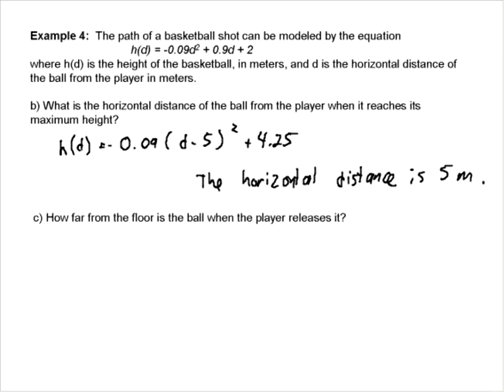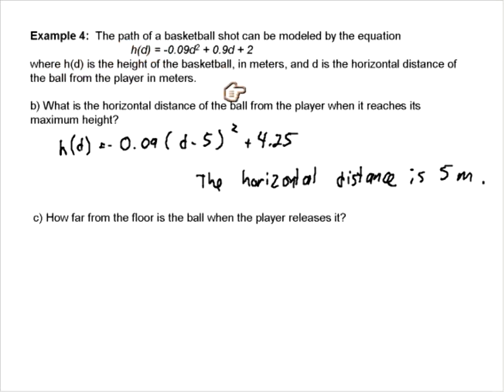Now, the next one is a little bit trickier, but not a lot. How far from the floor is the ball when the player releases it? This is where we have to do a little bit of thinking in advance. If we look at our equation here, d is the horizontal distance of the ball from the player in meters. Now, when the player is first shooting the ball, how far would he, or she, be away from the ball?